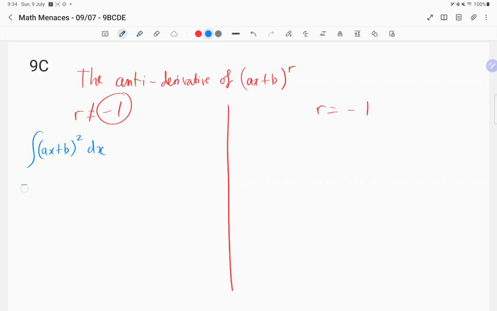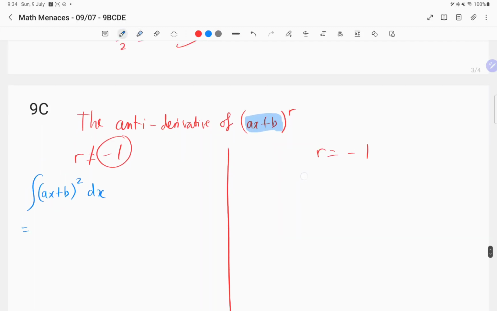Now, if you see this equation ax + b, what type of equation is this? What's the name of this equation, just the ax + b? Right, it's a linear. So note that you can anti-derive functions of a linear equation. Why?